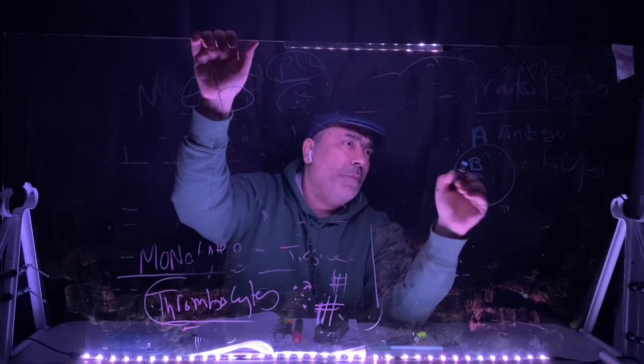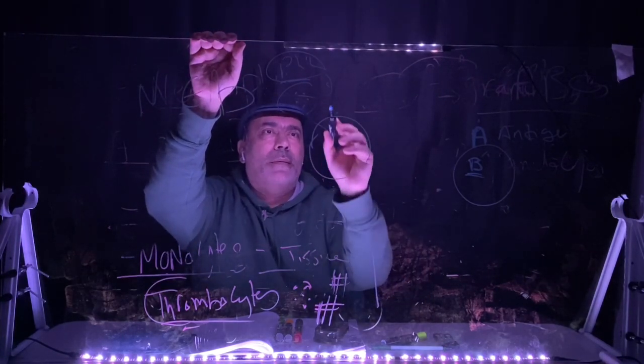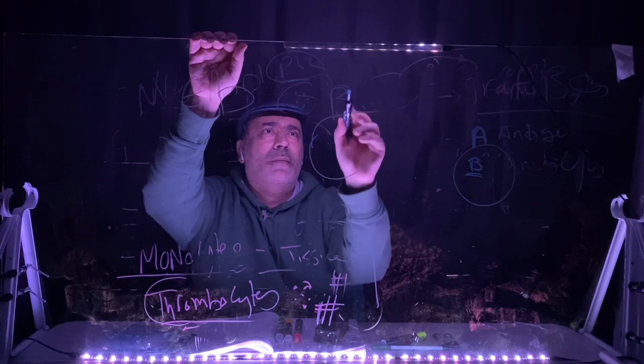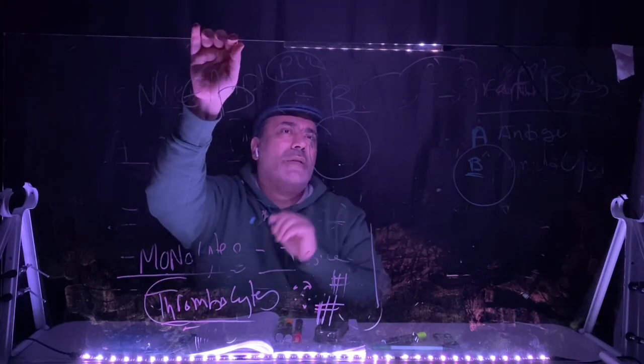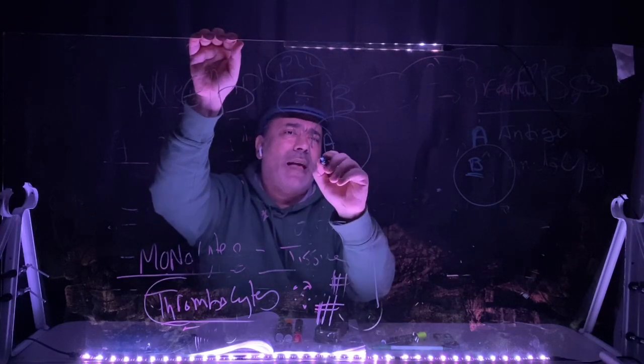If this is blood type B, it's going to have the antigen, or the crown, B outside, and inside, in the blood plasma, it has anti-A.